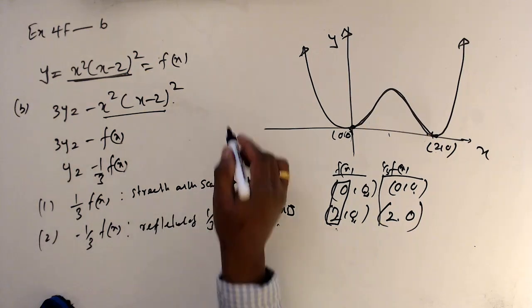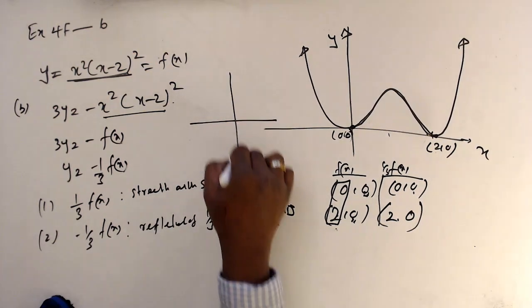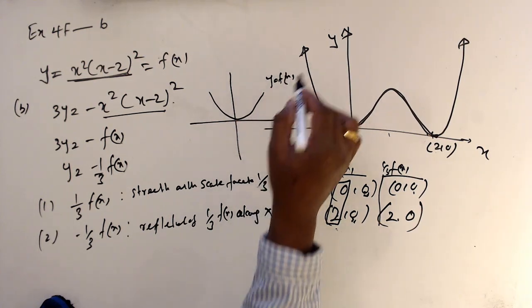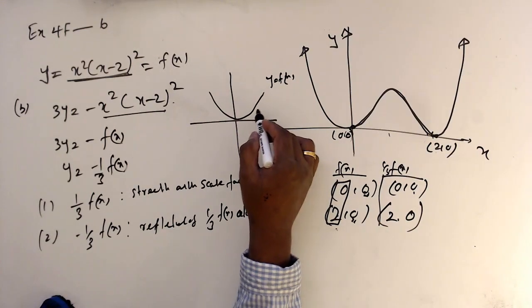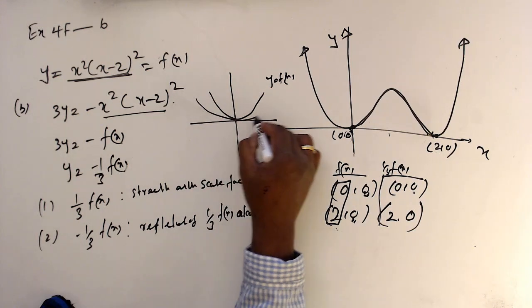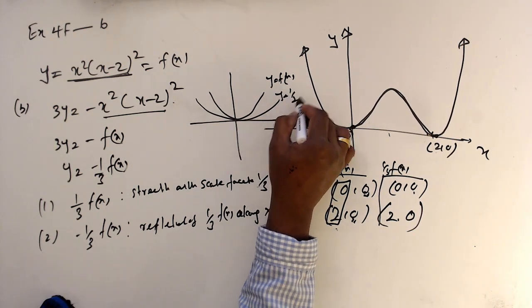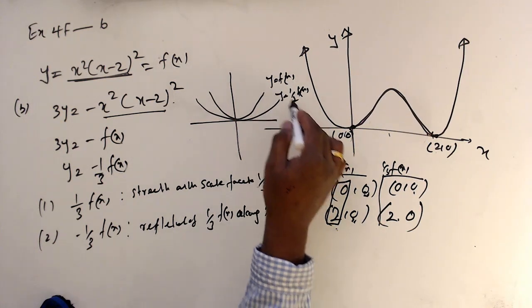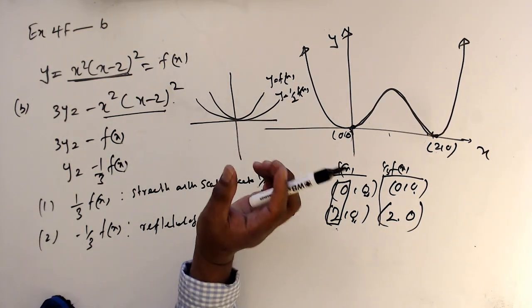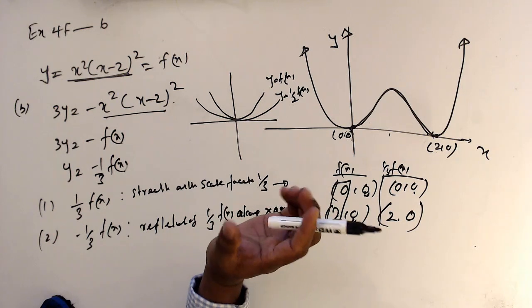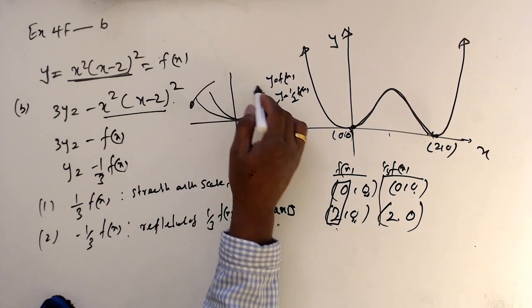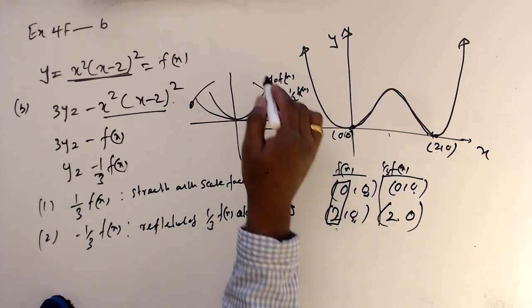In a previous graph I can remember, if this is y equals f(x), then what is the graph of y equals half f(x)? When the scale is reduced, it is becoming more and more expanding, like a blossoming of a flower.